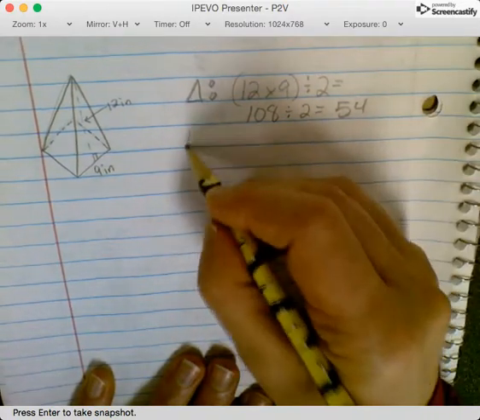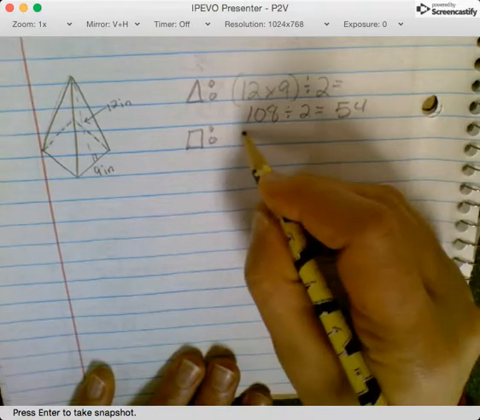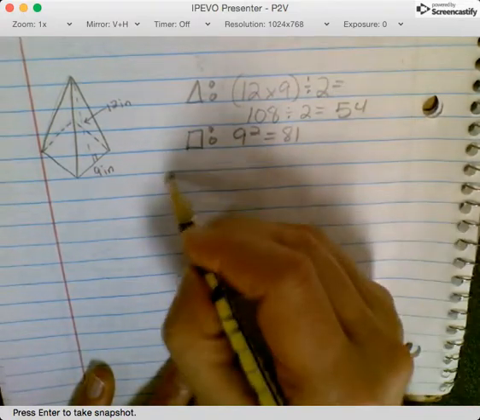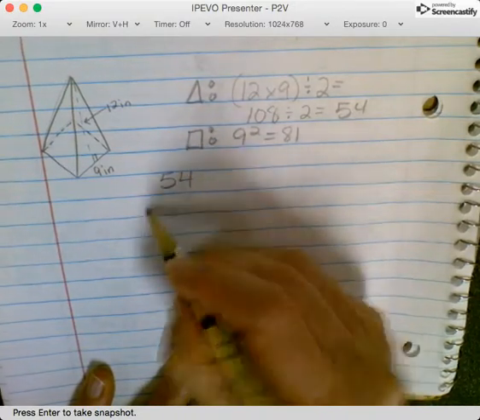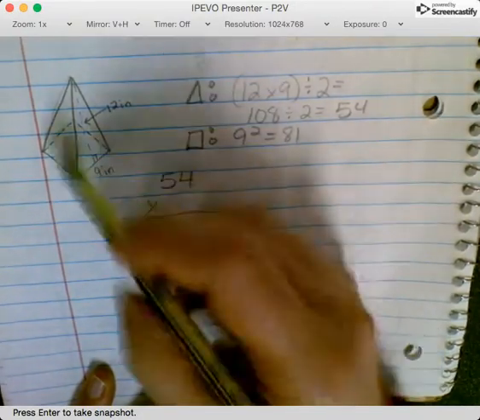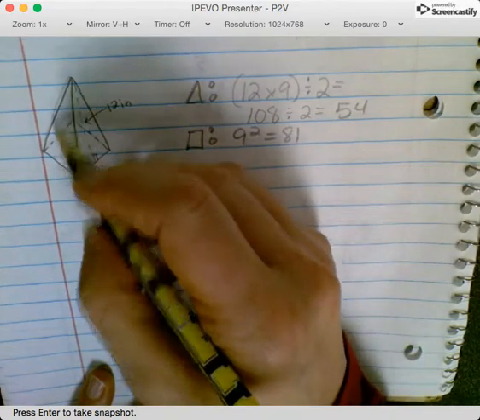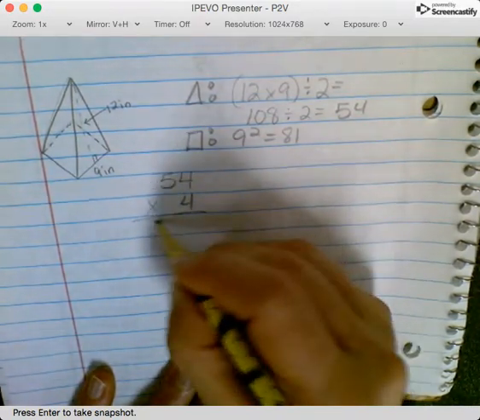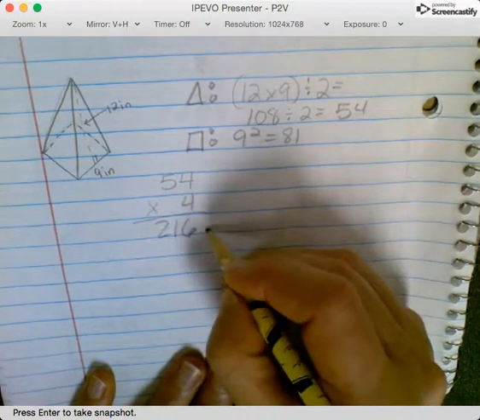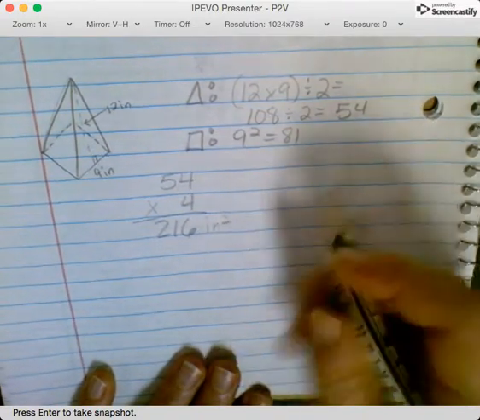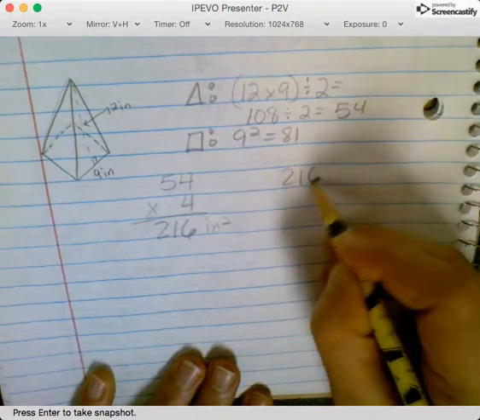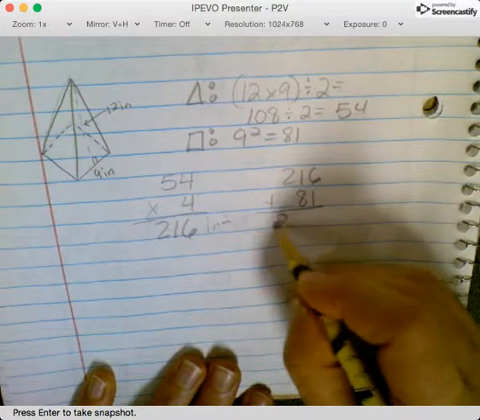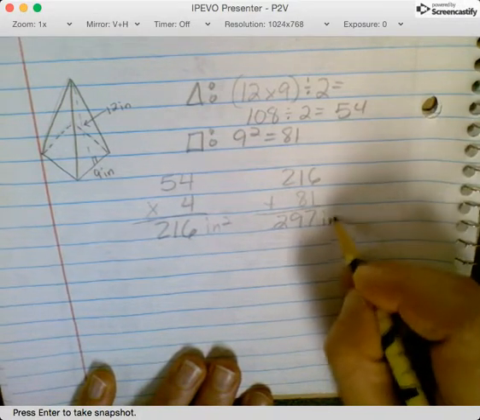So one triangle is 54. The square is 9 squared, which is 81. And then I have 4 triangles on the sides because it's a square one. 1, 2, 3, 4. And so I multiply 54 times 4, and I get 216 inches squared. And I add that to 81, which is 297 inches squared.